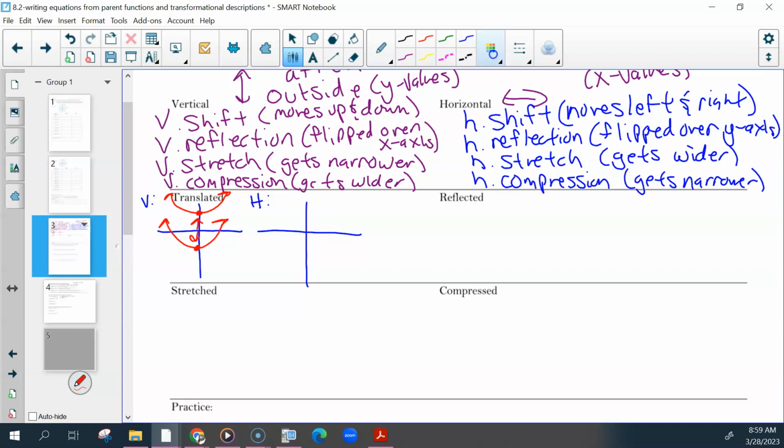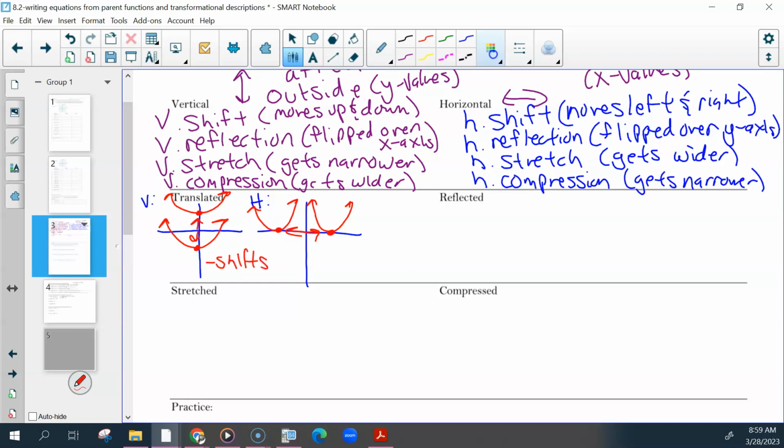And then for horizontal, we know it moves left and right. So if from the parent function it moved to the left, it would be somewhere over here. To the right, it would be somewhere over here. And I would show that it moved either left or right. I'm going to make a note that translations are also shifts.